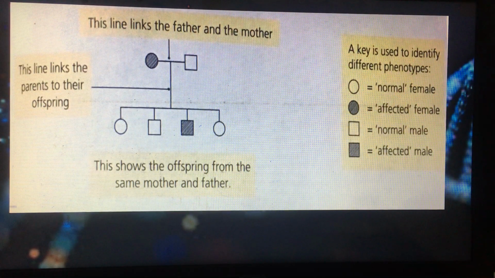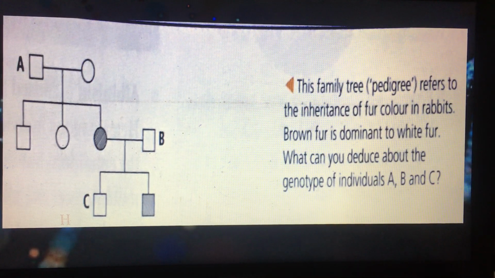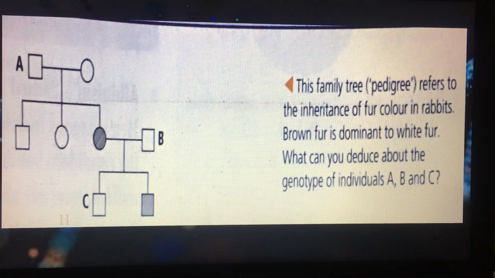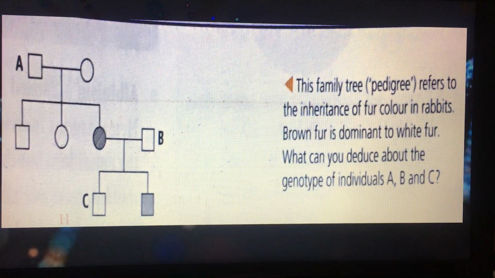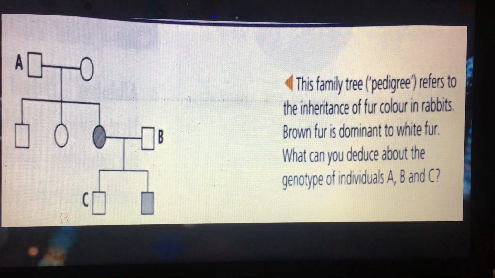Now we have a simple question to understand it more. Here we have this family tree, which is a pedigree, that refers to the inheritance of fur color in rabbits.